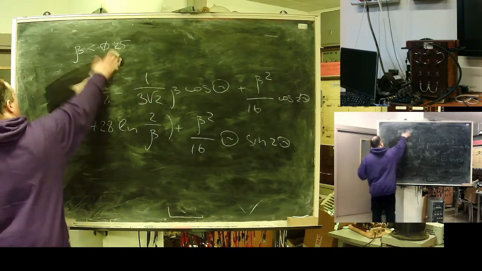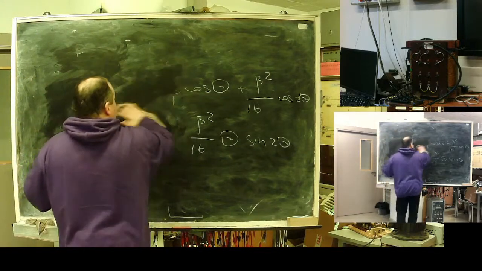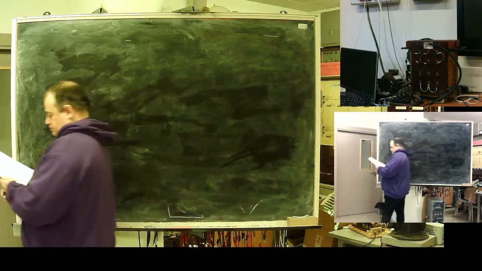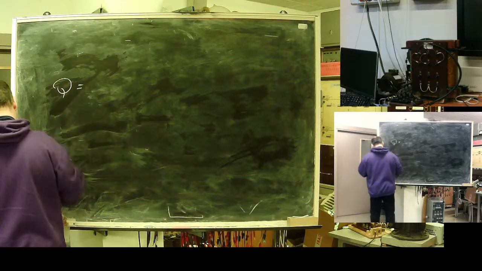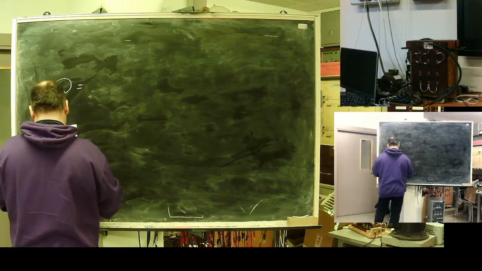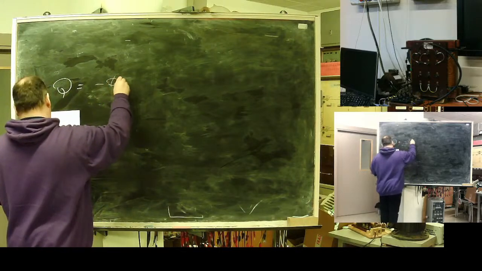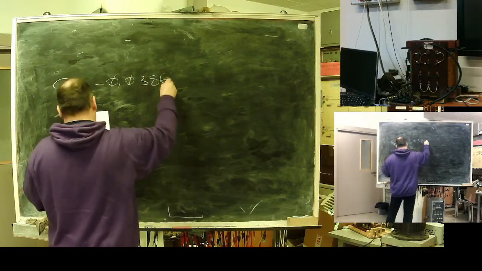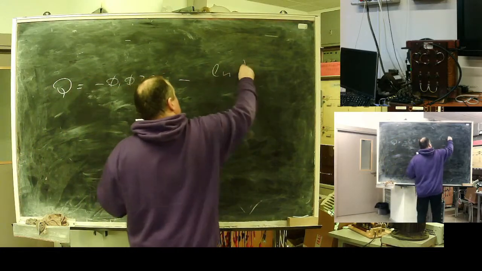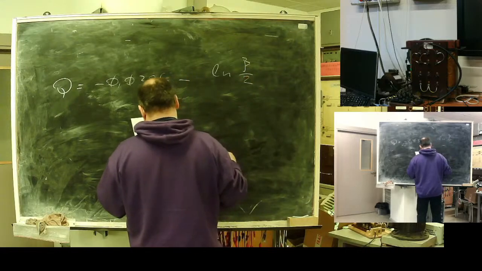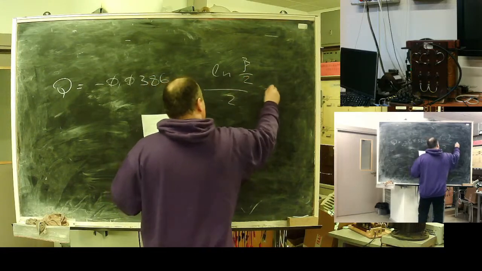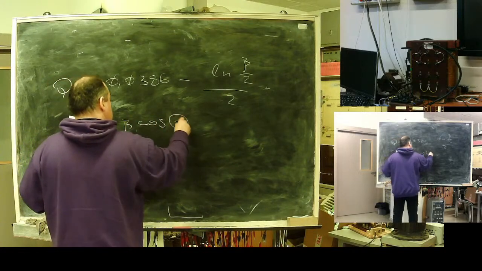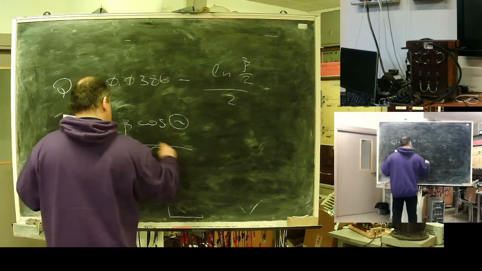For reactive power, Q usually is calculated as 0.0386 minus natural logarithm of beta, plus beta cosine theta divided by 3 square roots of 2.